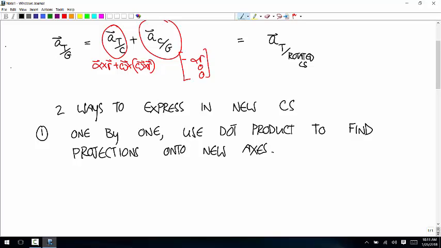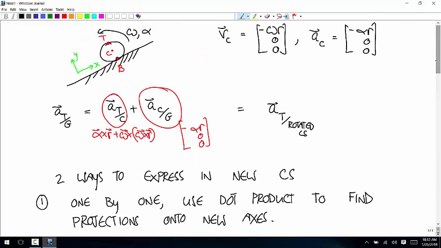So the way you would do that is, let's do it for a 20-degree angle.